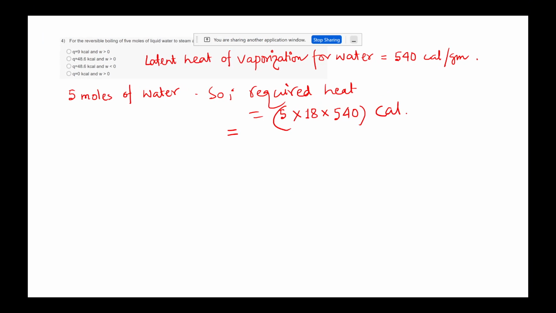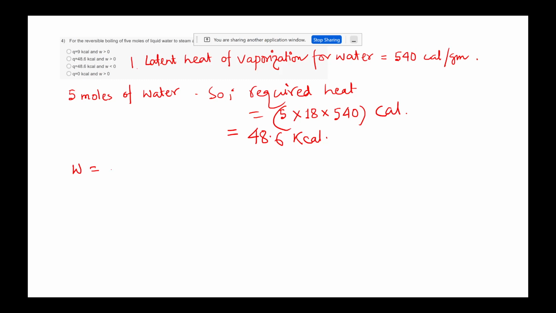Okay, now if you do this, it is 48.6 kilocalories. So there are two options here. Which should be the correct option for W?